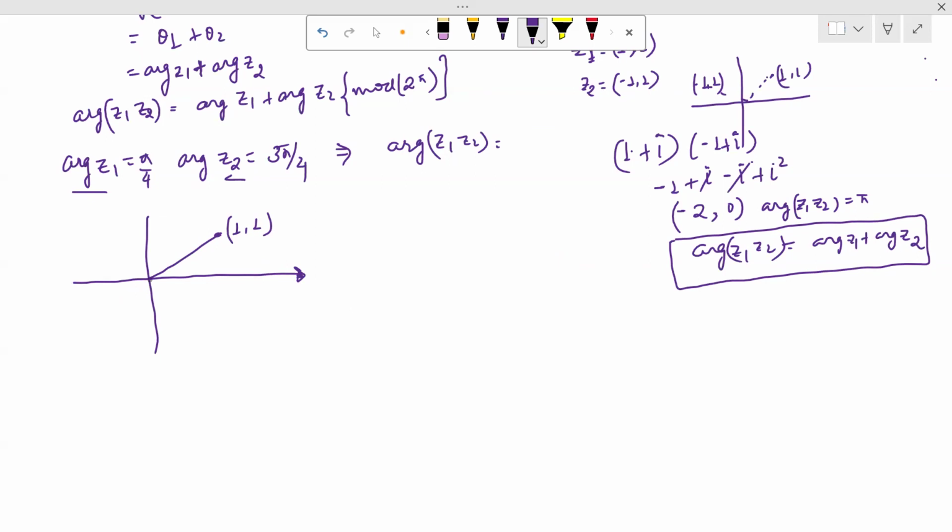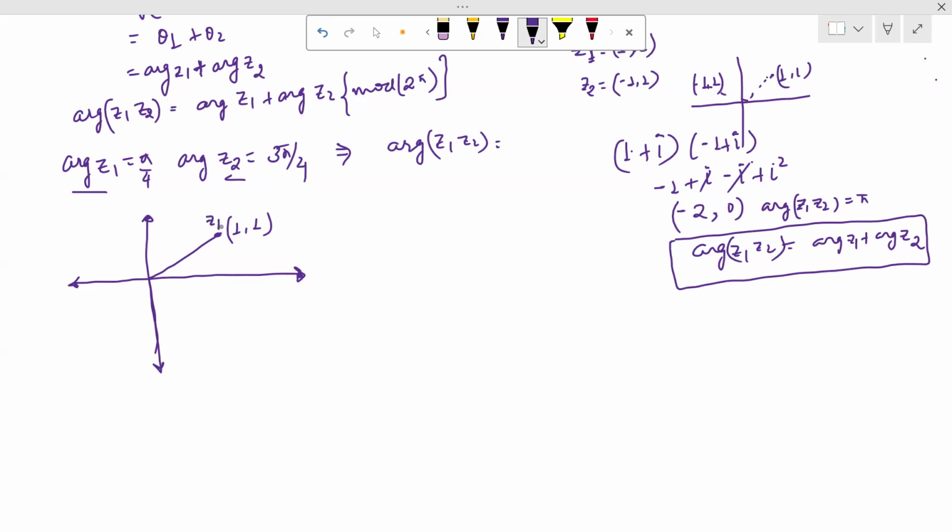I'll take something that will exceed 2 pi so that you'll be able to get what I want to suggest. Okay, so let me take one example.